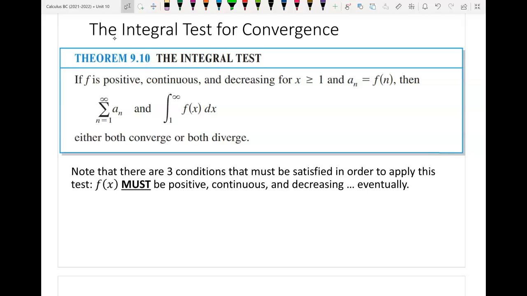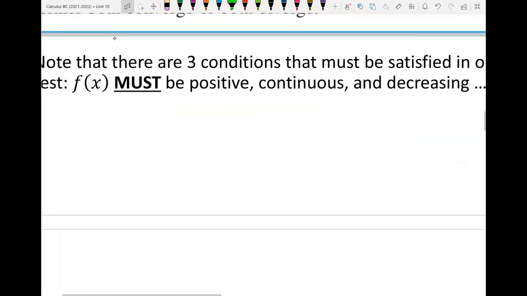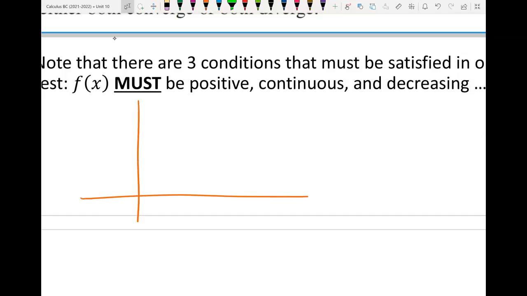Now, my note down there. Note that there are three conditions that must be satisfied in order to apply this test. f of x must be positive, continuous, and decreasing eventually. So why did I put in that eventually? That means I could have a function, and remember we're looking at x greater than or equal to 1, that is increasing at first, but at some point it goes decreasing.